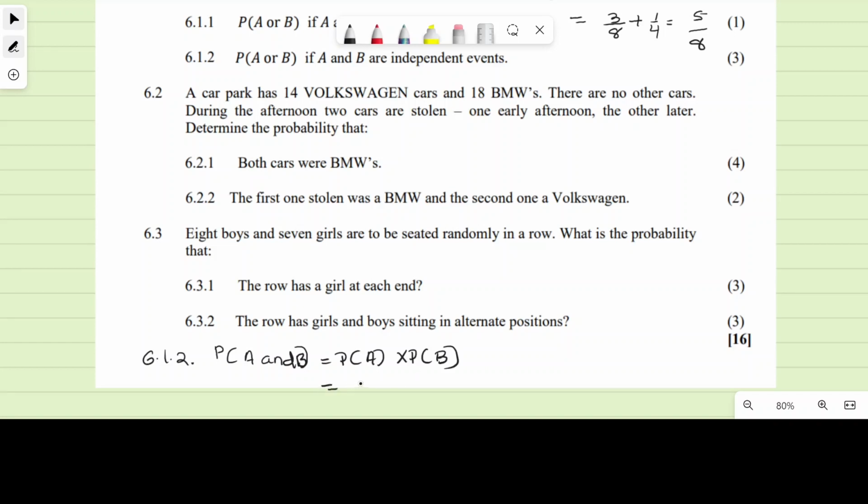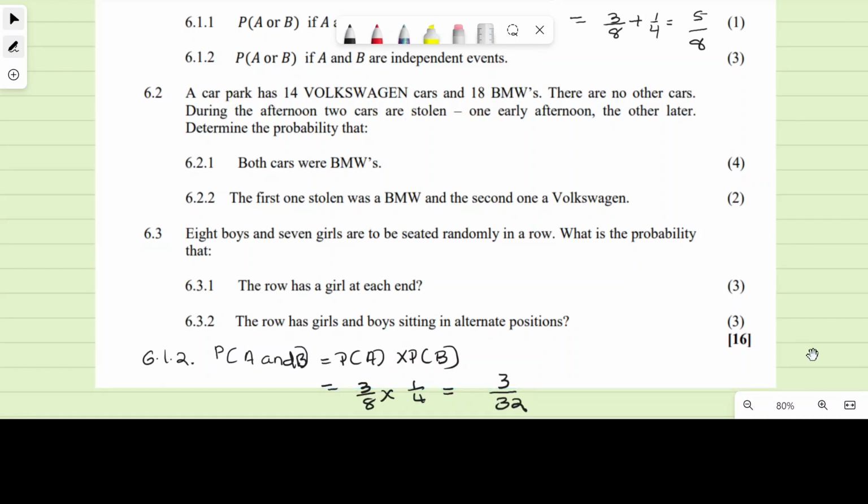Therefore, here it's going to be 3 over 8 multiplied by 1 over 4, because that was given in the question, which is 3 over 32. We found what we know. We know if A and B are independent events, P(A and B) is P(A) times P(B). But the question is not to find P(A and B). The question is to find P(A or B).